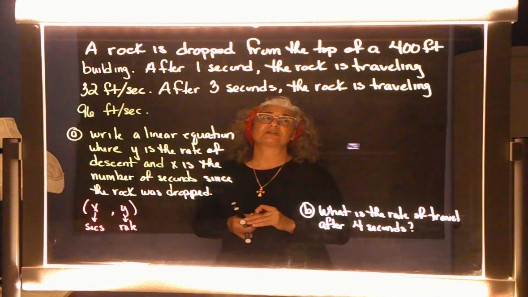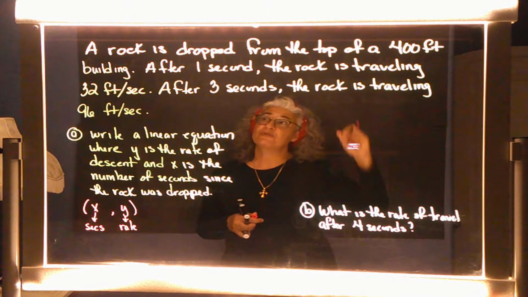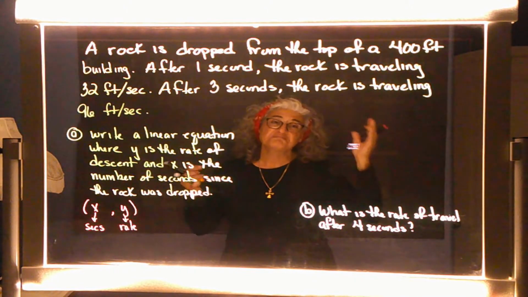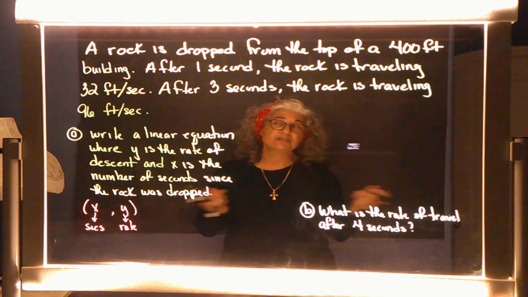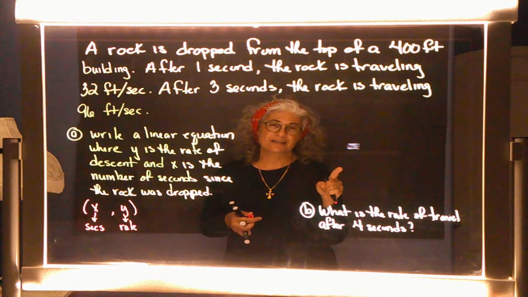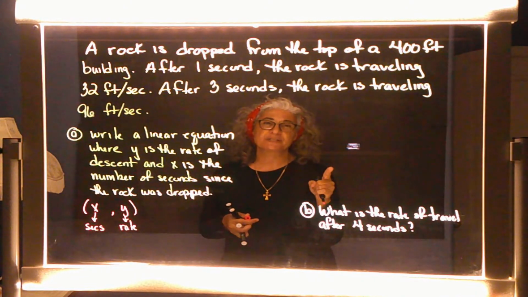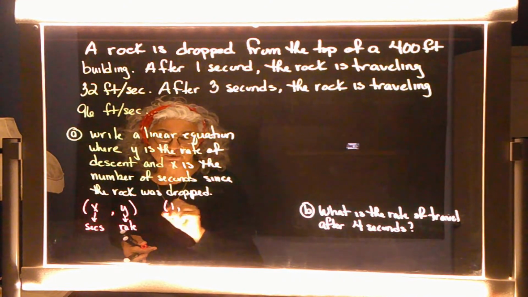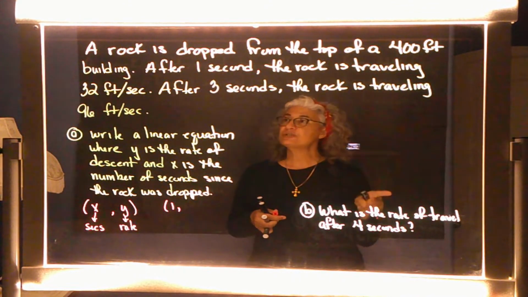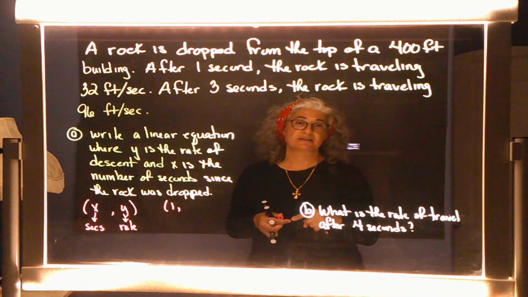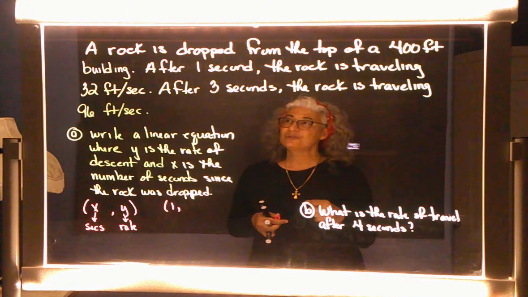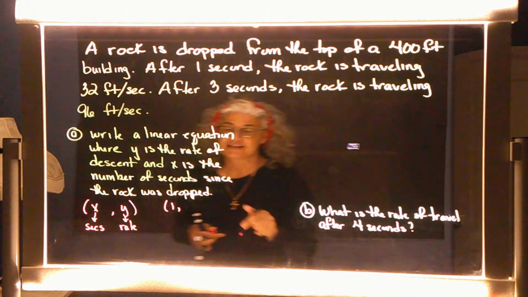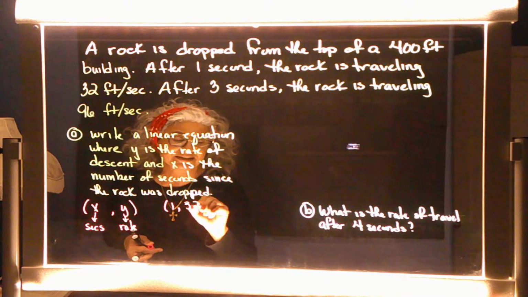Okay, so let's look. We got a rock dropped from the top of a 400-foot building. It's fluff. It makes the story sound good. After 1 second, what's the 1 second represent? Yeah, that's an x, isn't it? So I already got an x of 1 second. The rock is traveling at 32 feet per second. Yeah, that 32, that's the rate of descent, isn't it? So it goes with the 1 second, doesn't it?